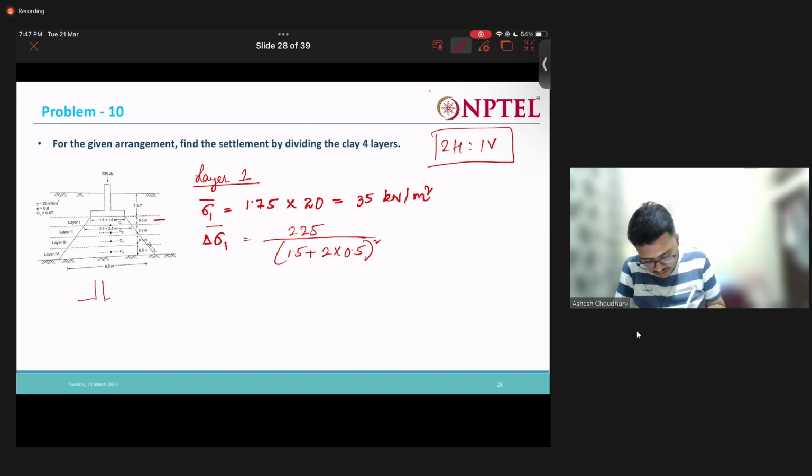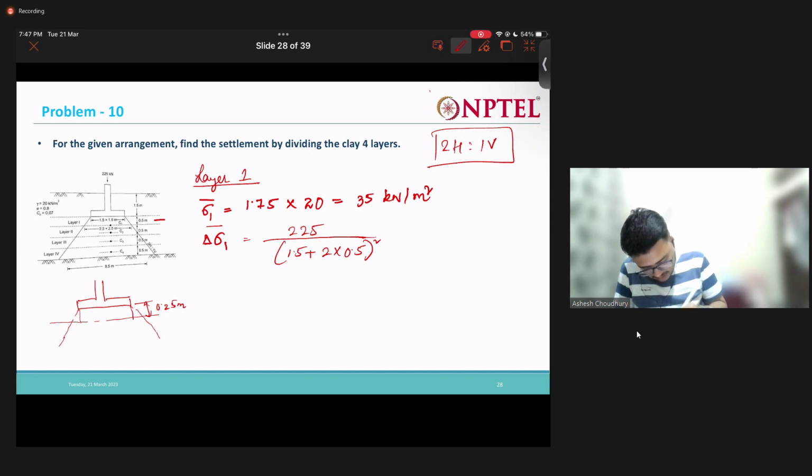See, this one is the footing. That's why you write 2 into 0.5. See here, this one is the center, so you are telling this one is 0.25.